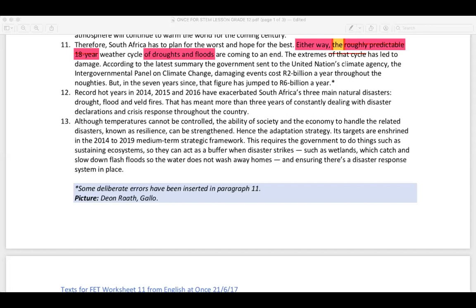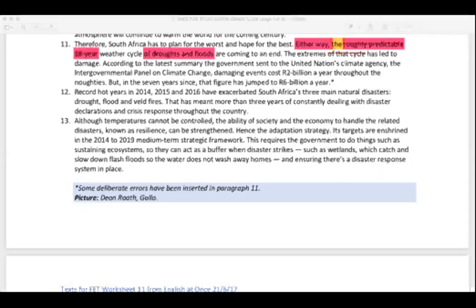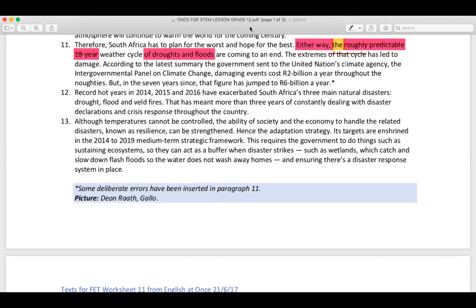What do we see? Let's go. Let's see. Although the temperatures cannot be controlled, the ability of society and the economy to handle the related disasters, known as resilience, can be strengthened.